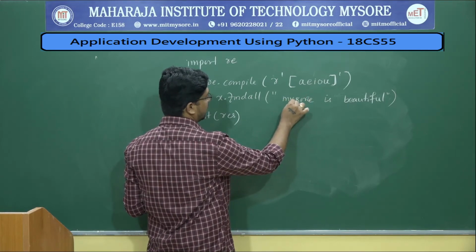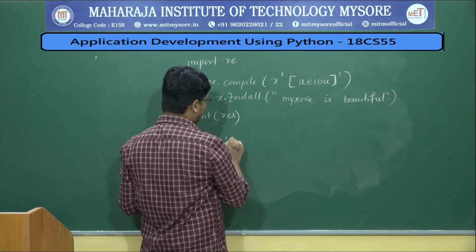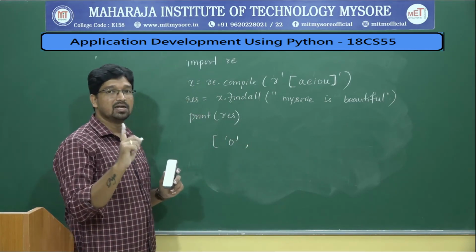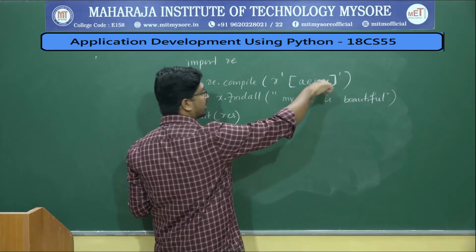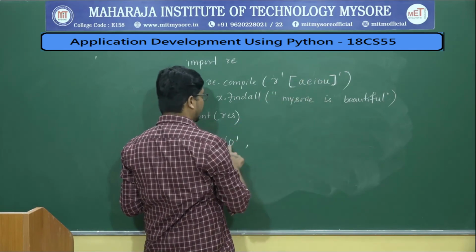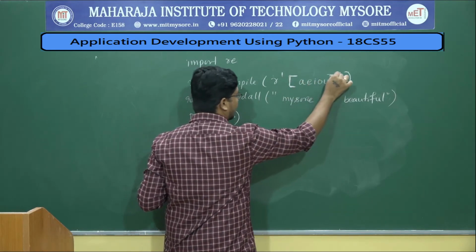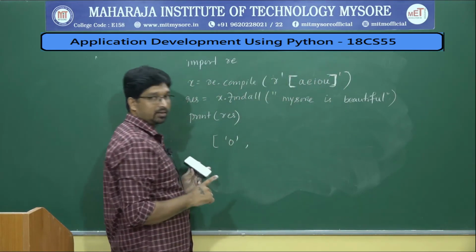M, Y, S are not matched, O, there is an O. So O is matched. I'm matching a single character because I have not written the plus symbol. If you write a square bracket, it will match any one character.